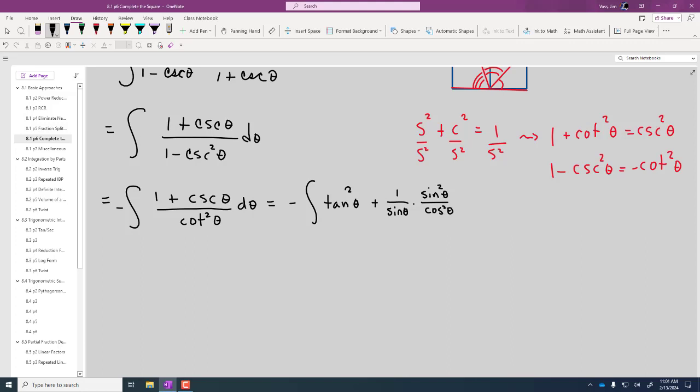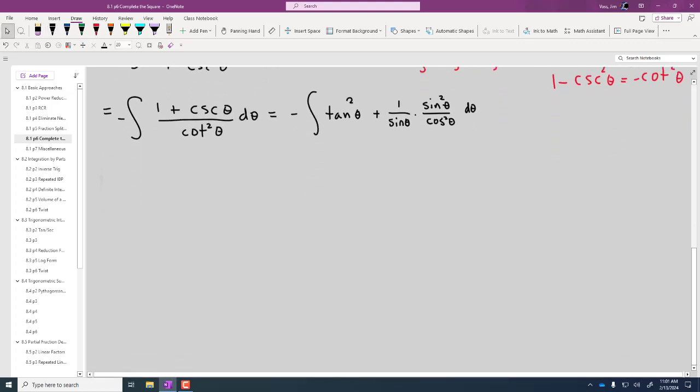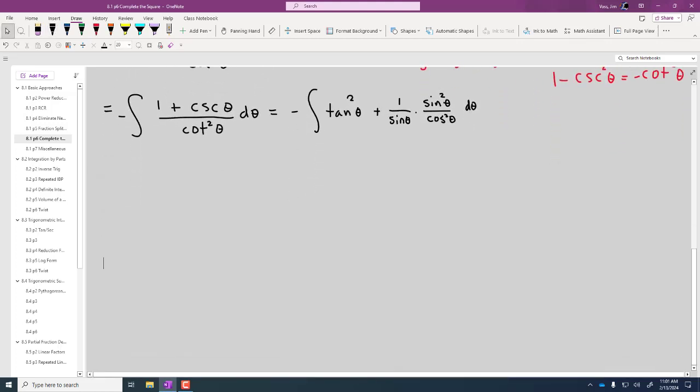Or you could think of this as cosine squared over sine squared, but it's being divided, so you have to flip it for multiplication. However you can conceptualize that is fine. Okay, so let's see where we're at. All right, so we have this minus sign out in front, still integral.